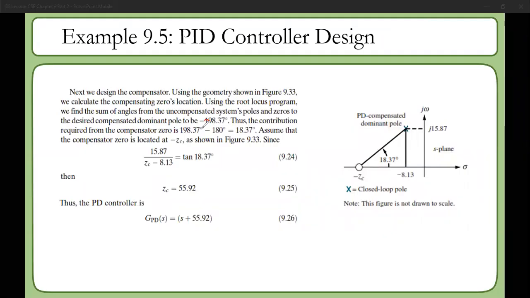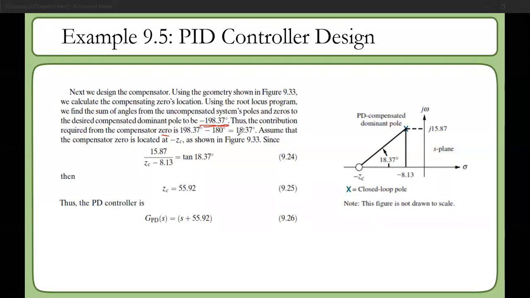Then you find that this is the angle contribution to the new point, of all the poles and zeros of the existing system. And we know that the additional compensator zero has to contribute so that the total is close to plus or minus 180 degrees.